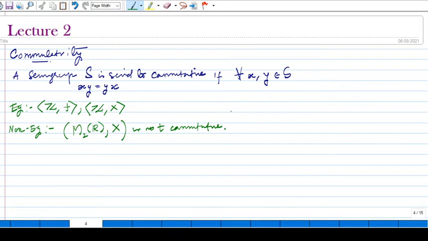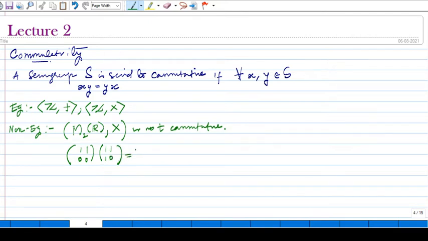For instance, we need only one counterexample in order to prove that it is not a commutative semigroup. We use this example.